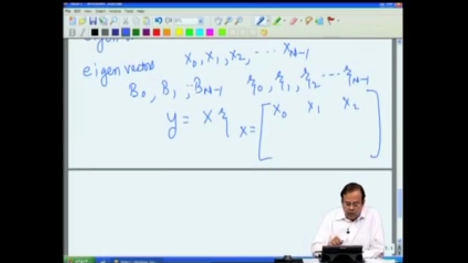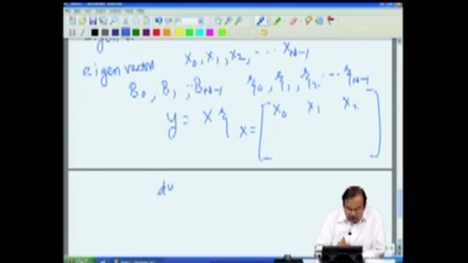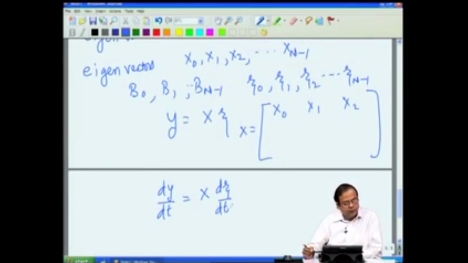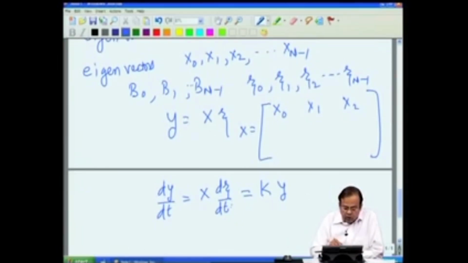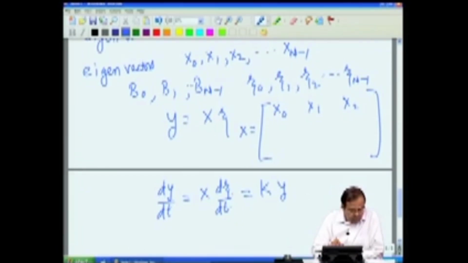Now, let us take dy dt, which is nothing but x into d zeta dt, and this is nothing but Ky from our original dynamics. So, now let us write zeta. What is d zeta dt?